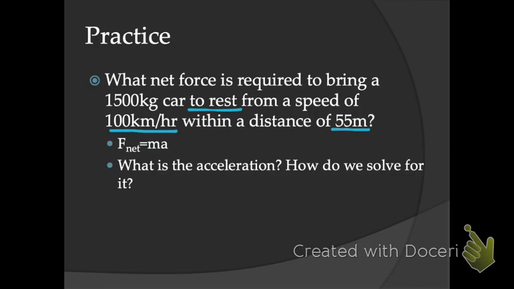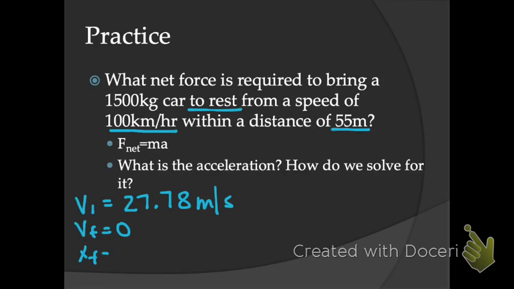But if my initial velocity is 100 kilometers per hour, I need that in meters per second. So let's do that conversion, which is 27.78 meters per second. My final velocity is 0.